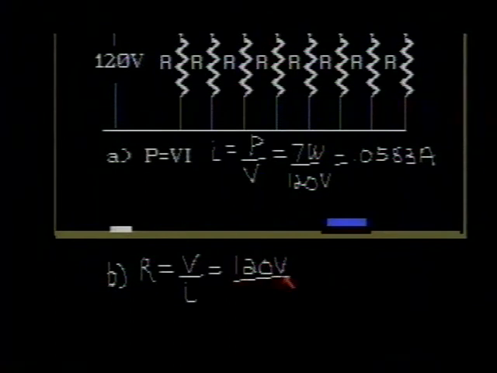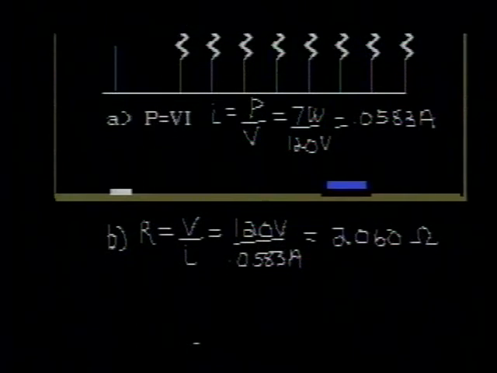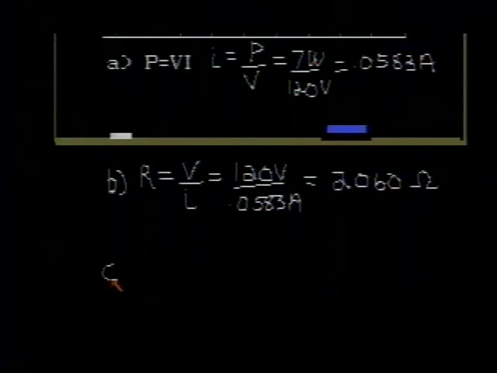Divide this by the 0.0583 amps, and we get a resistance, again rounded to 3 significant figures, of 2060 ohms for each one of those bulbs.